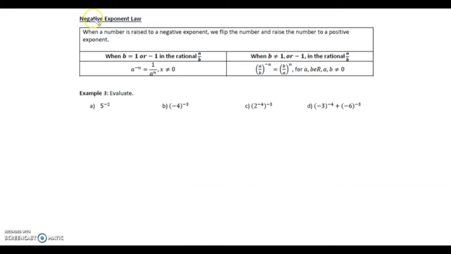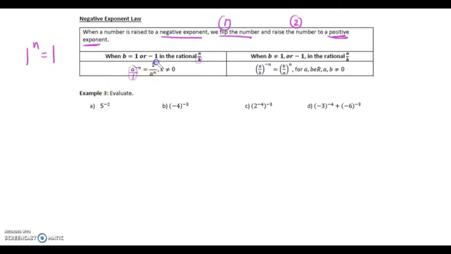Okay, so here's a recall. Negative exponent law. When a number is raised to a negative exponent, we, number 1, flip the number, and then number 2, raise it to a positive exponent. Okay, so when the base is 1 or -1, for example, if it's just an integer, like a over 1, what we do is we still flip this number, 1 over a, but this n, it no longer, like 1 to the n, I explained this earlier, but 1 to the n is just 1.